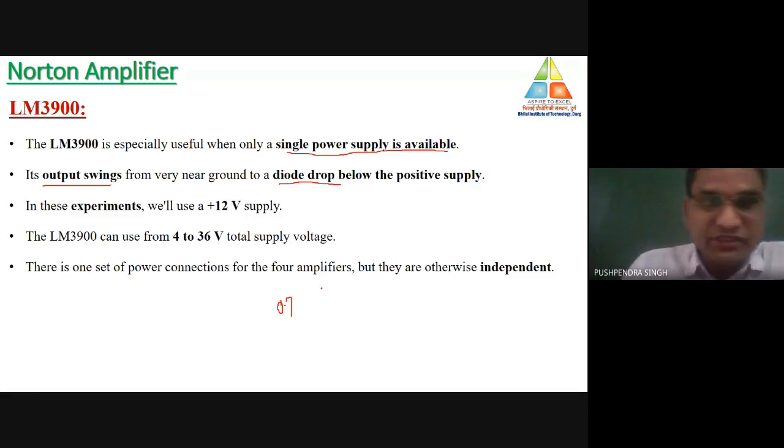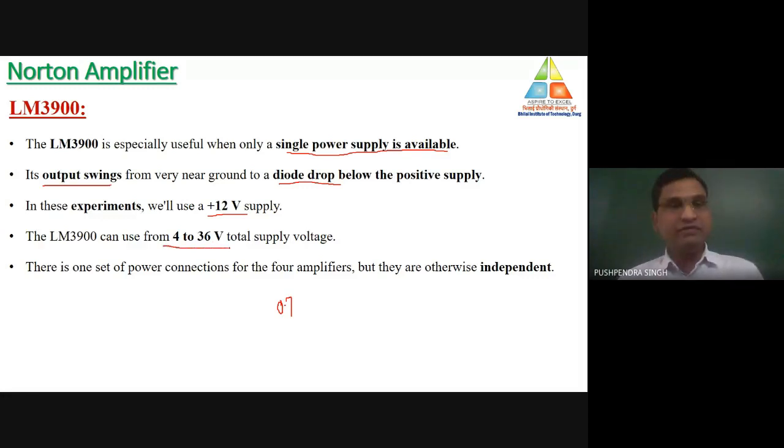So how much swing can be achieved with the help of LM3900? 0.7 volt, or the drop across the diode in the positive direction. For experimental purposes, the power supply used is plus 12 volt. But the total range of the power supply on which this LM3900 can be used is between 4 volt and 36 volt.